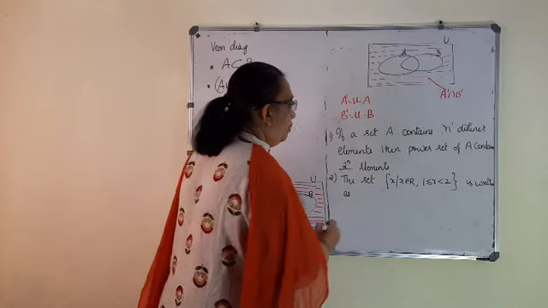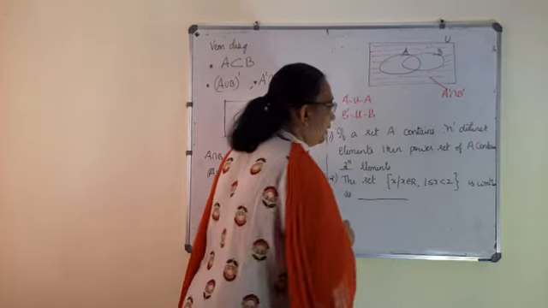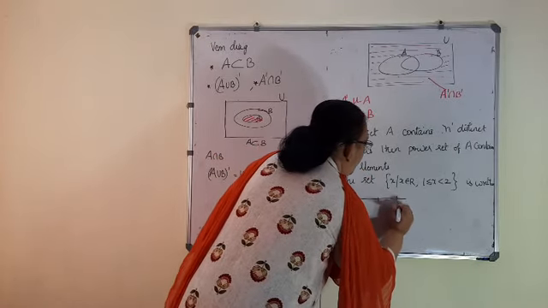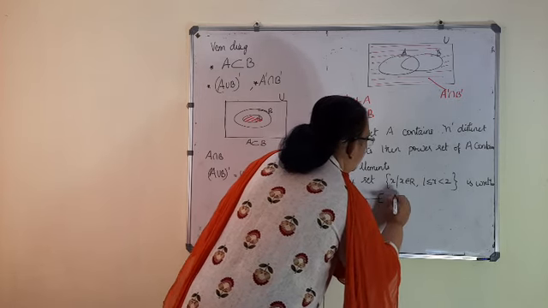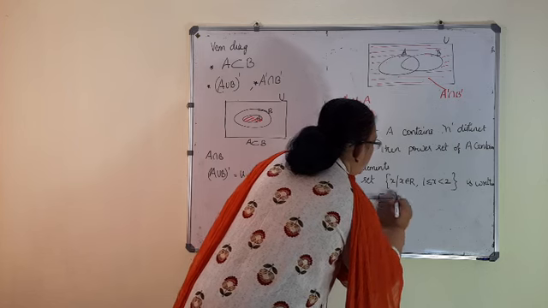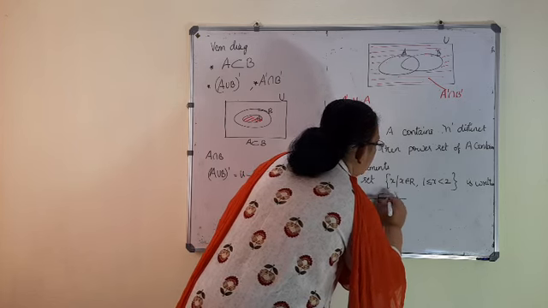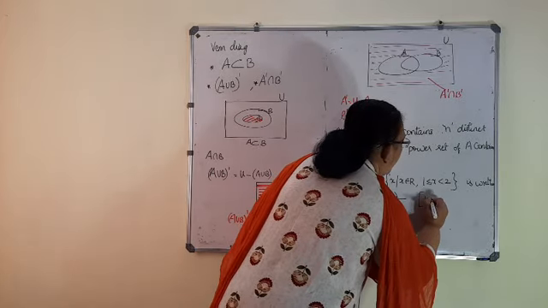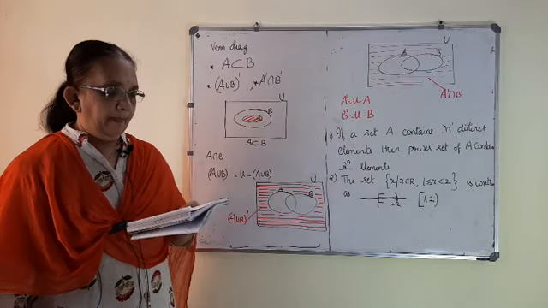If you want to draw the diagram, real number line 1 and 2. 1 is included but 2 is not included. This is the diagrammatic representation. But how do you write in interval form? Closed interval 1, open interval 2. Just a reminder.